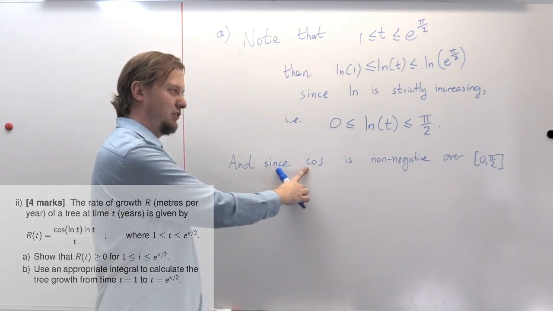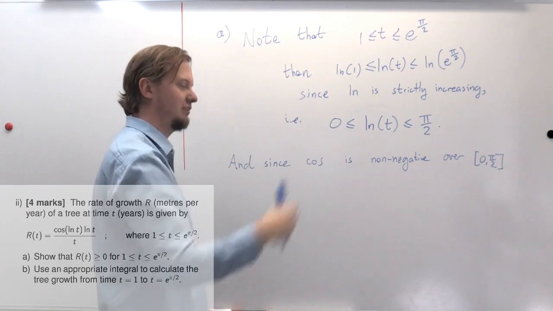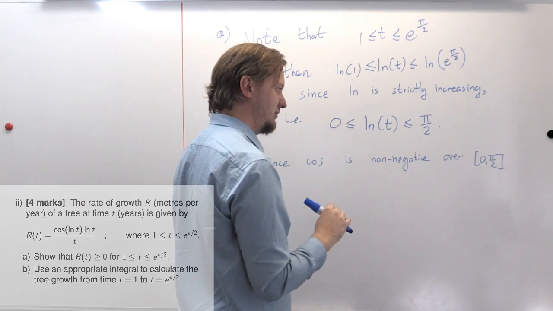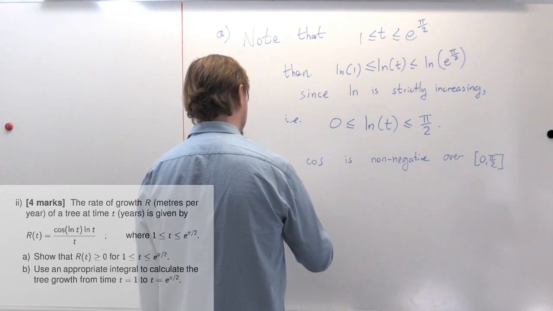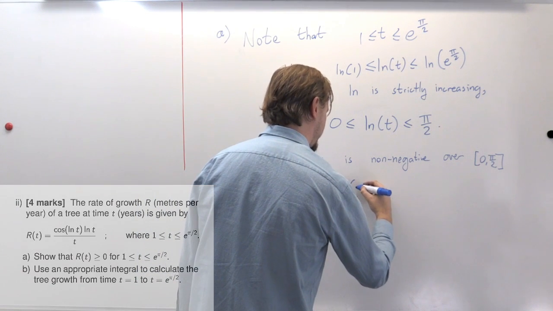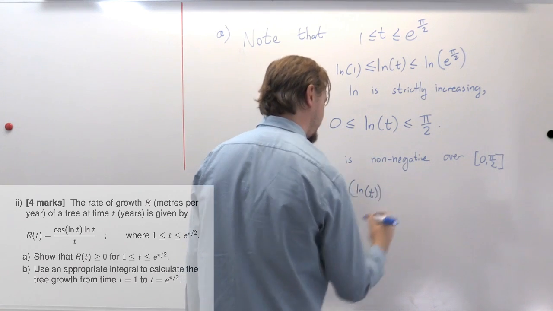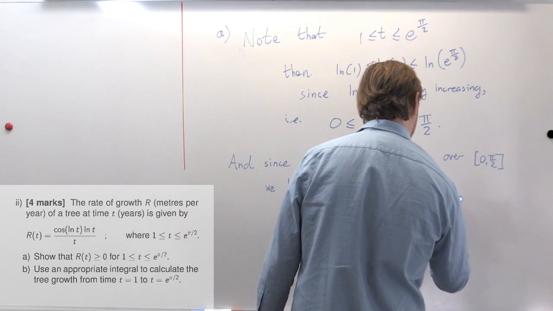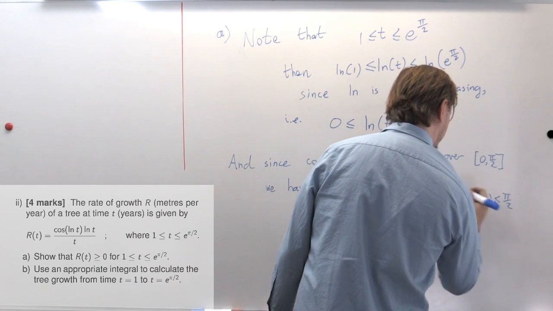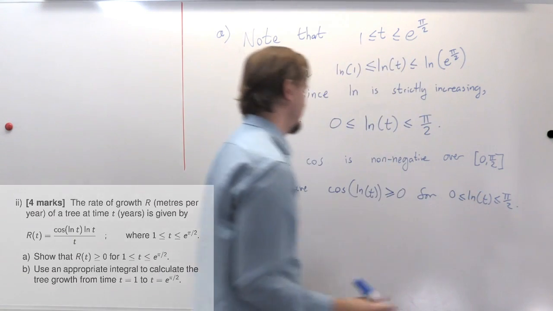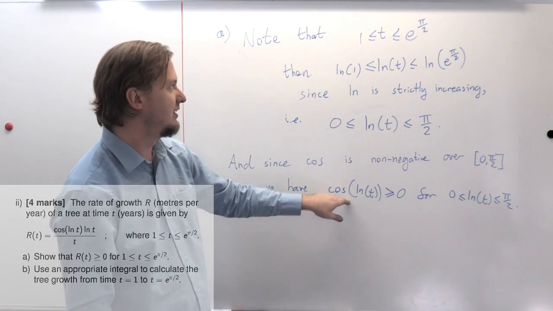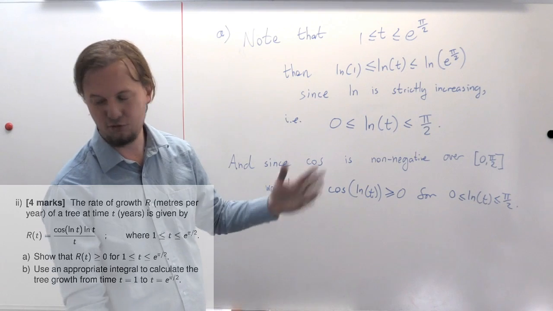When you put in numbers from 0 to pi over 2, you always get non-negative numbers. So since cos is non-negative over that range, the cosine of the log of t is greater than or equal to 0 for the log of t between 0 and pi over 2. So the log term is positive and the cosine term is positive. The last term there was a t, and t is always positive.